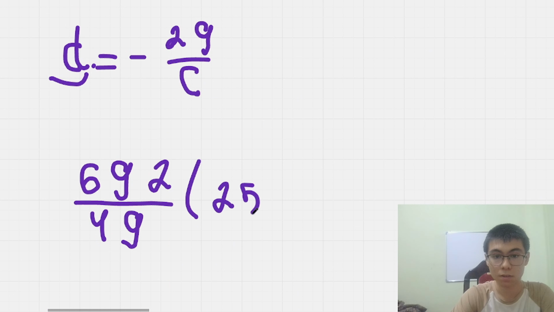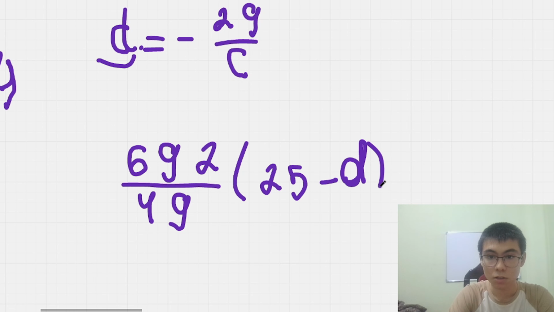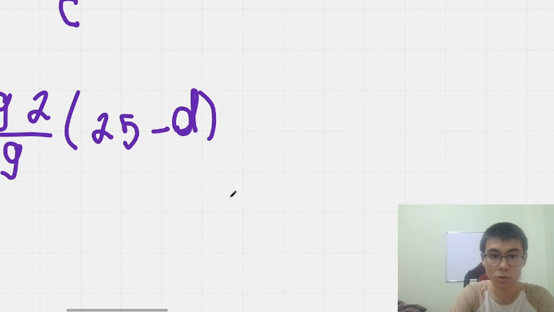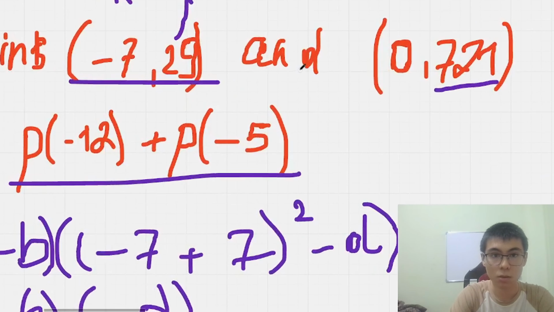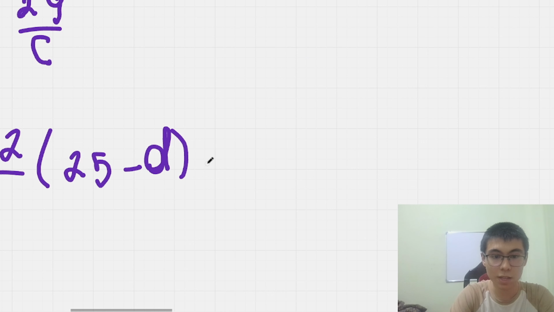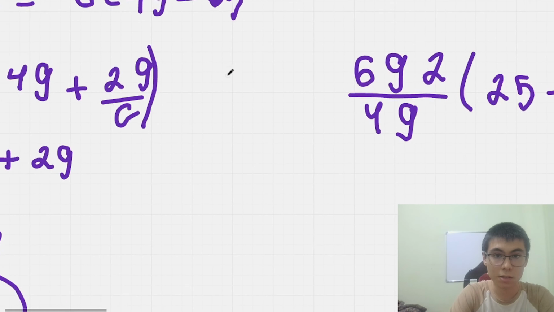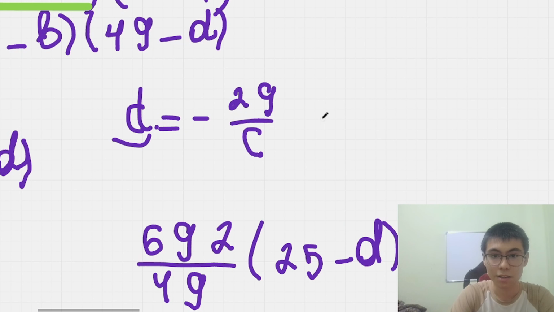25 minus d. So we already know d, I believe. Yeah, we know that. So we're going to put this number instead of C to find d here.